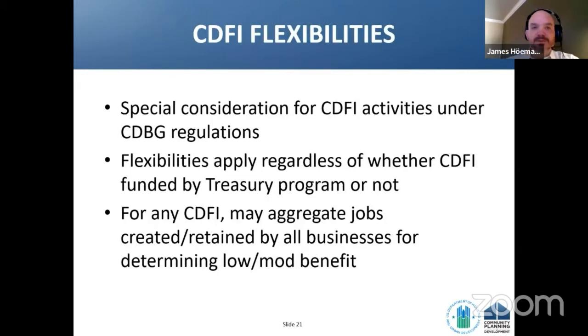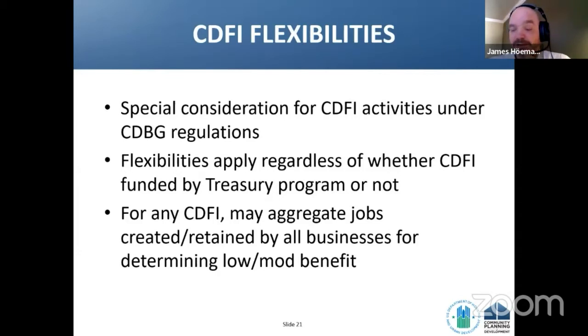So with those flexibilities, as you incorporate them into your program design, if you choose to do so, our regulations outline a lot of the special considerations that we have with them. One of the opportunities there is that they can aggregate the jobs created or retained for all the businesses within that target area under the low to moderate income job national objective. And we do have a financial management section.